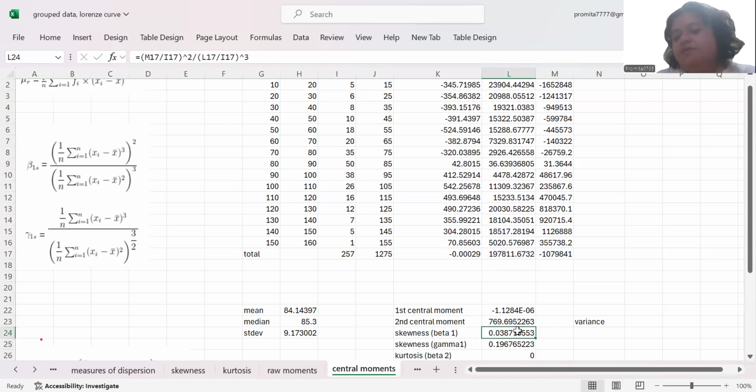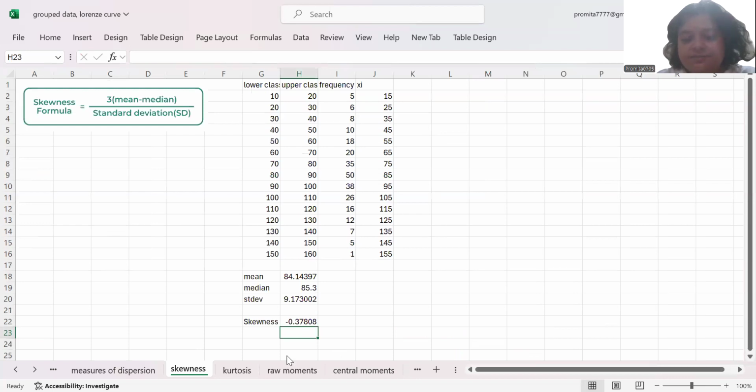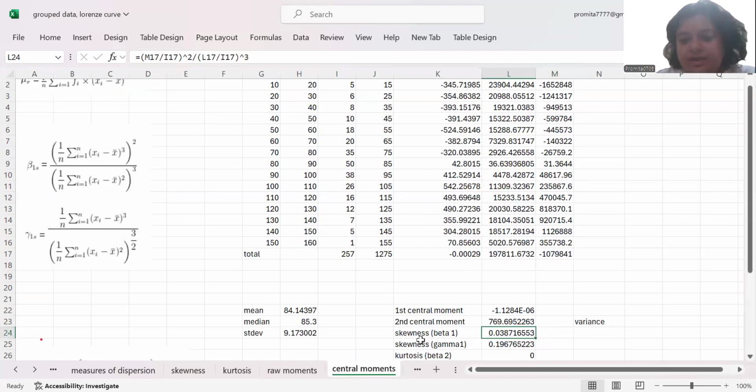So this is the measure of skewness. Previously we also calculated the value of skewness, and it was this. And here also we are getting the same value in absolute terms. So the skewness is okay. Beta 1.